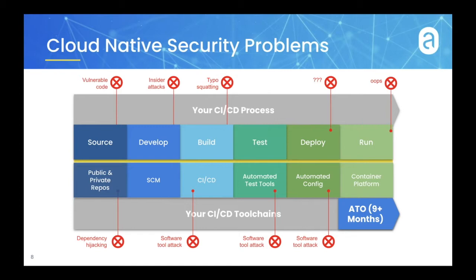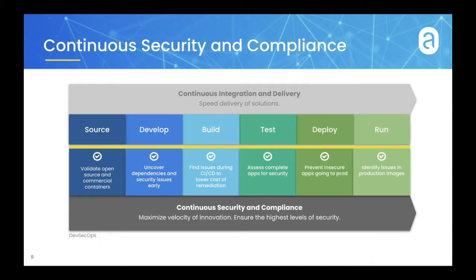Today, you're going to see a lot about what Anchore is doing from the running perspective. That runtime context: what's going on in my cluster, what images are running in my cluster, how do I analyze an image that's running in my cluster and gain insight into that. That's really important as we talk about identifying issues in production images, which you see there on the far right.